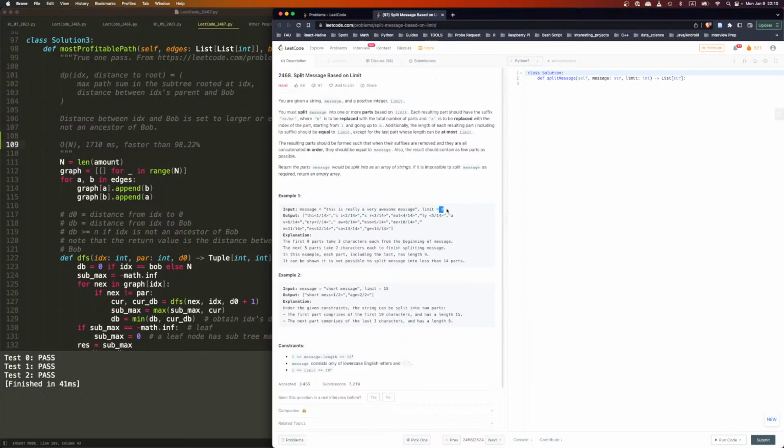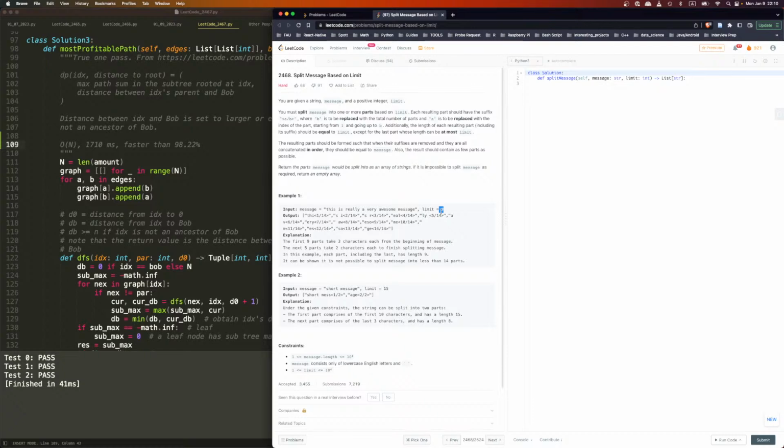Limit is 9, which means each one, at least 5 has to be taken by the suffix. So at most, each one can take 4 characters, right?